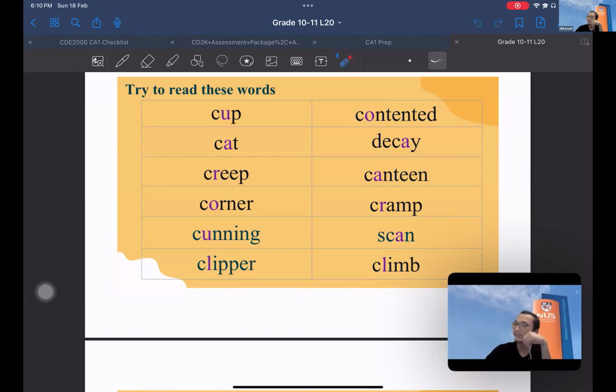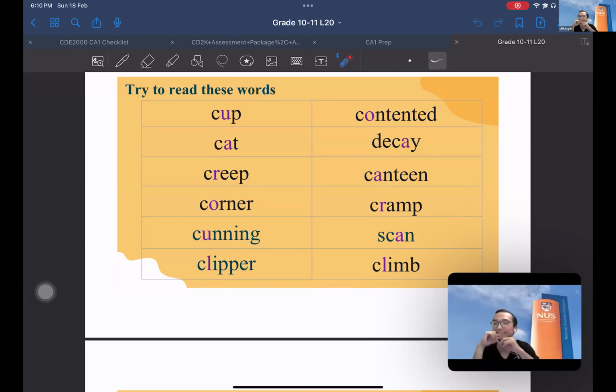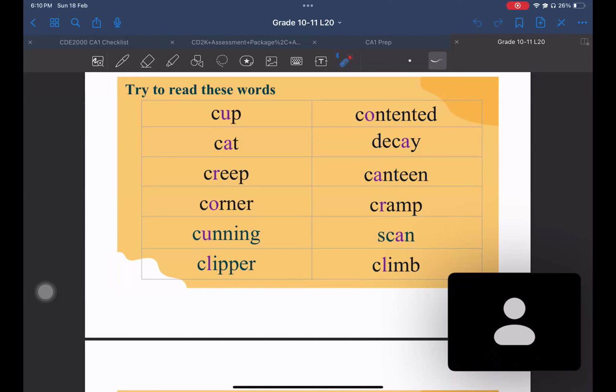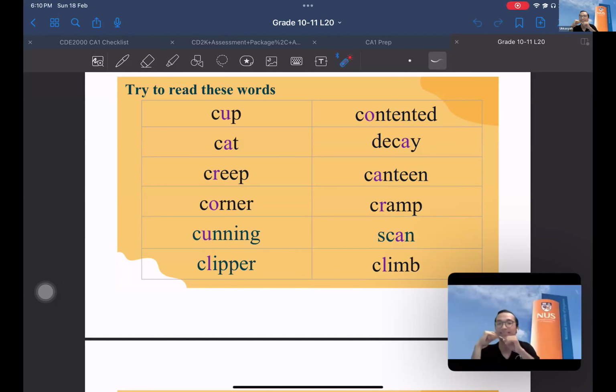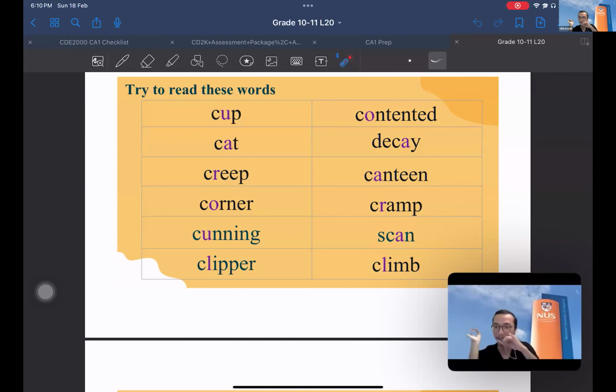Maybe synonyms that are easier to understand would be... Create. Correct. Canteen. Canteen, yes. Clever. Clever is also a synonym of cunning, but clever is more neutral. It's more generalized, so it doesn't have any negative description to it.